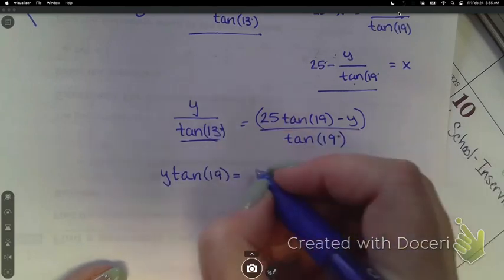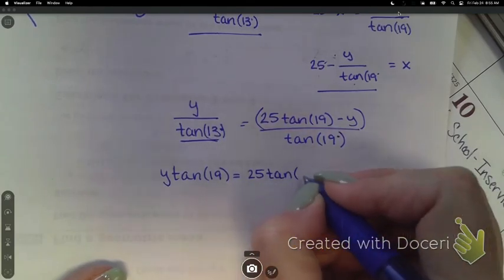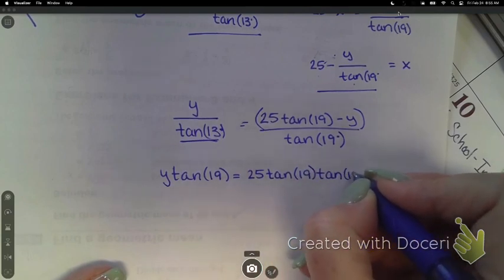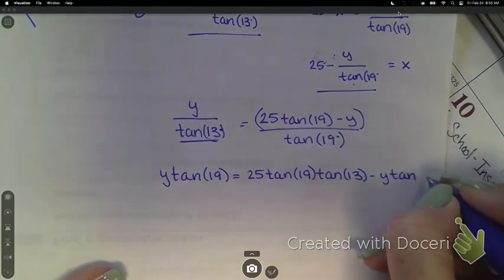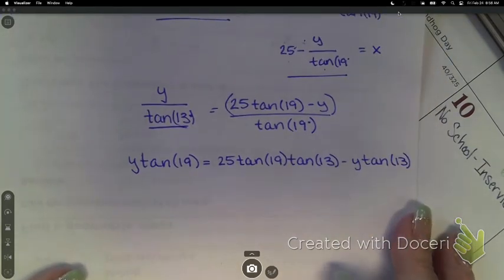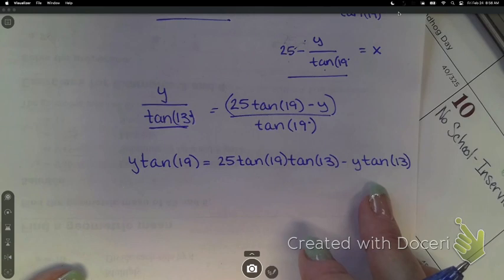So that would give me 25 tangent of 19 times tangent of 13 minus y tangent of 13. I know I'm going kind of fast, but just doing that basic math, not thinking too much about it. So what am I solving for? Y.